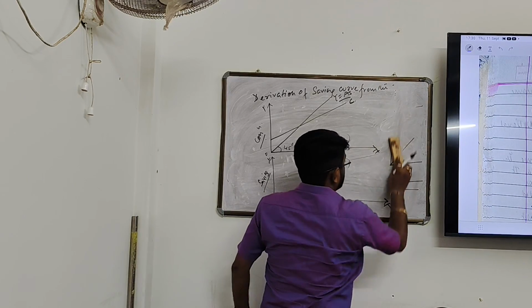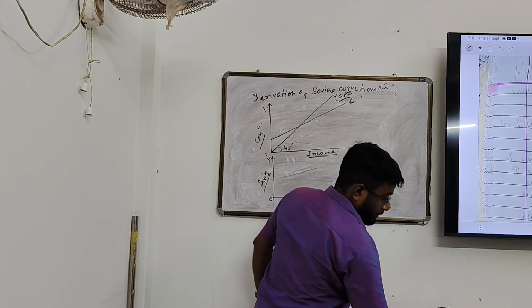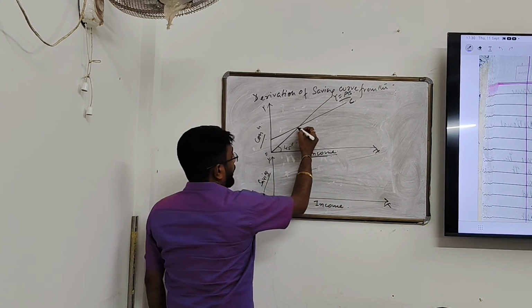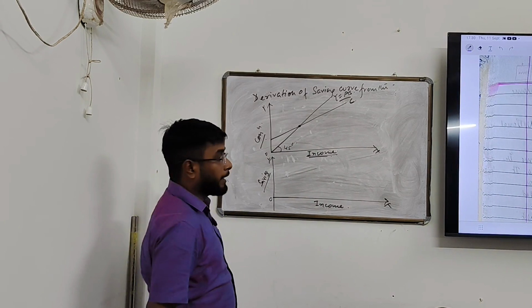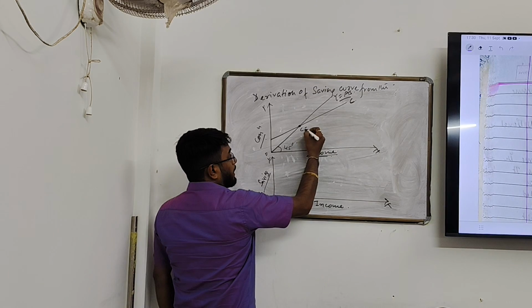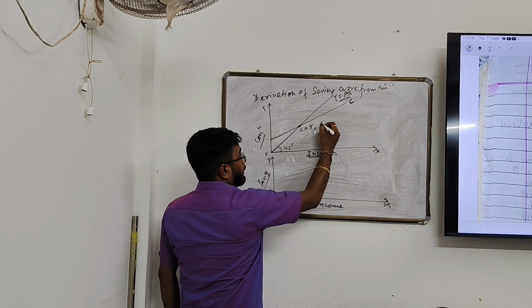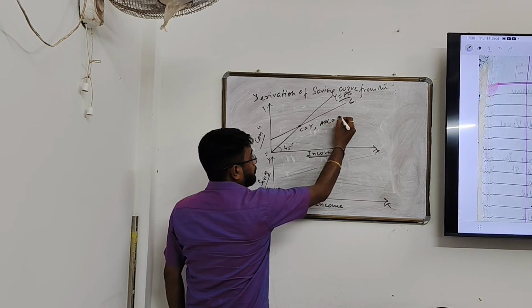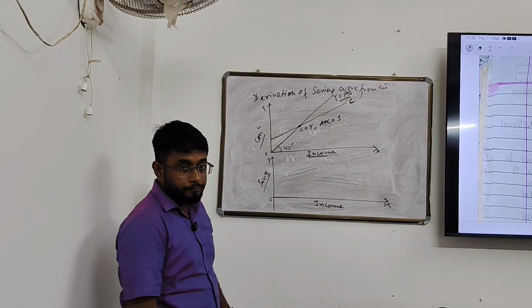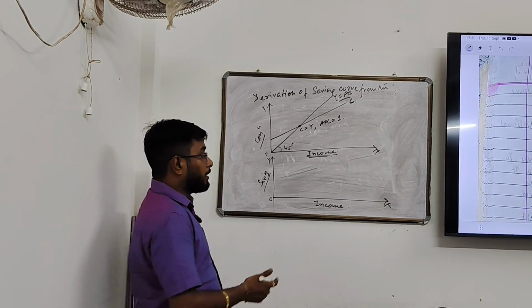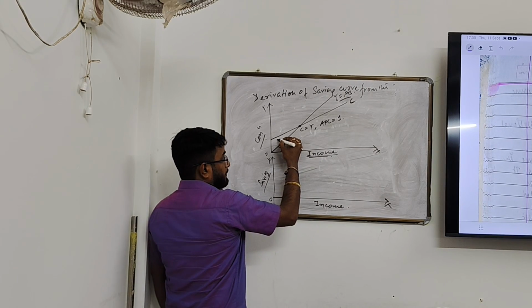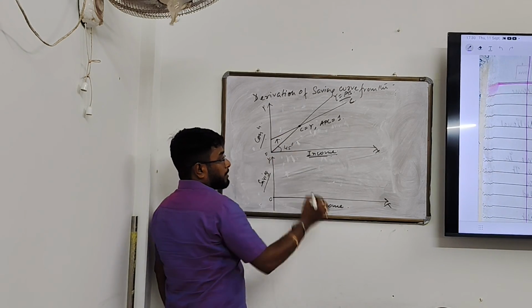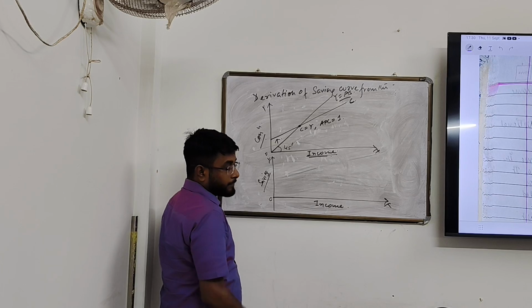Now that is the point of intersection where C is equal to Y, or APC is equal to 1. Okay?